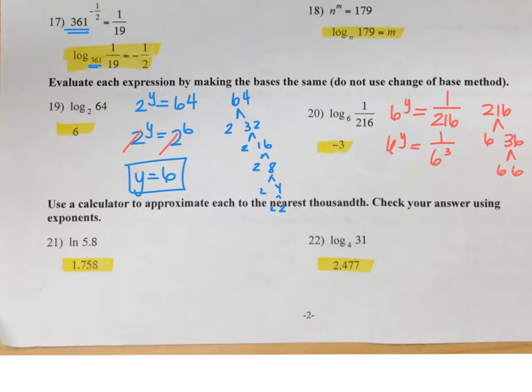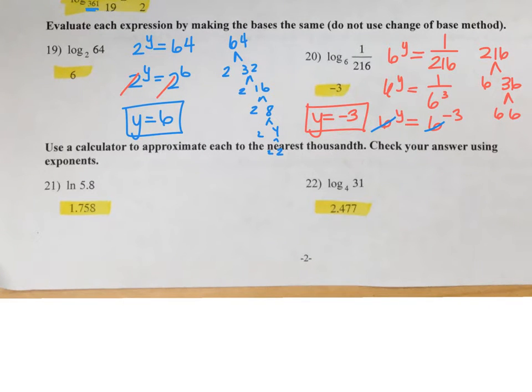Remember, I've got a fraction here, and to fix fractions, we need to use negative exponents. They give us reciprocals. So this is now 6 to the y equals 6 to the negative third. And now that my bases are the same, again, they drop away, and my answer is going to be y equals -3.